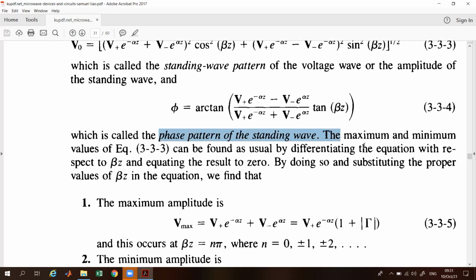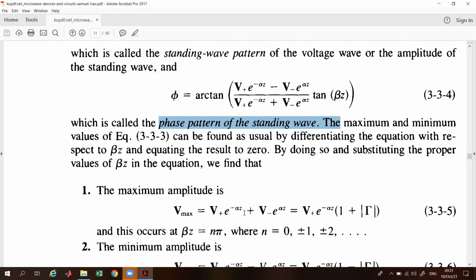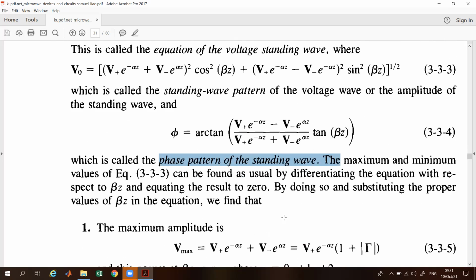Now, if you want to find the maximum and minimum values of these equations, then you have to use the method we use in maxima and minima, where we differentiate the equation. So the maximum amplitude is V plus e^(-αz) plus V minus e^(αz).